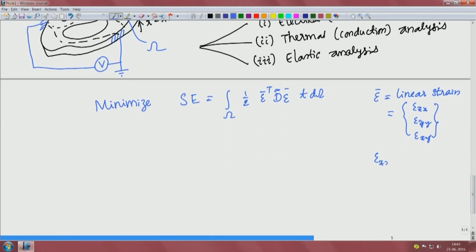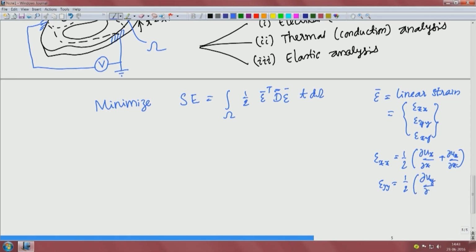Basically epsilon xx is dou ux by dou x. Writing half of the sum of identical terms is how we generally write, because that applies to both normal strains and shear strain.